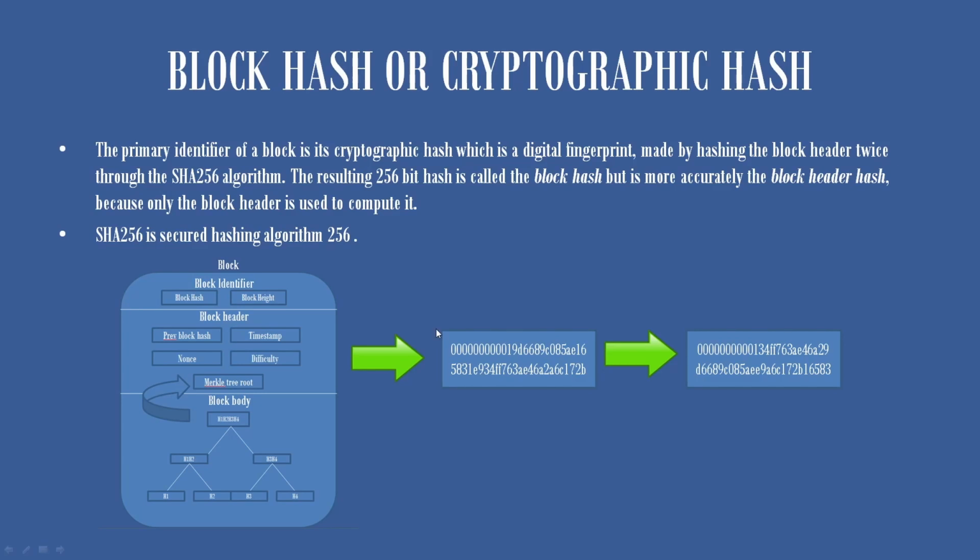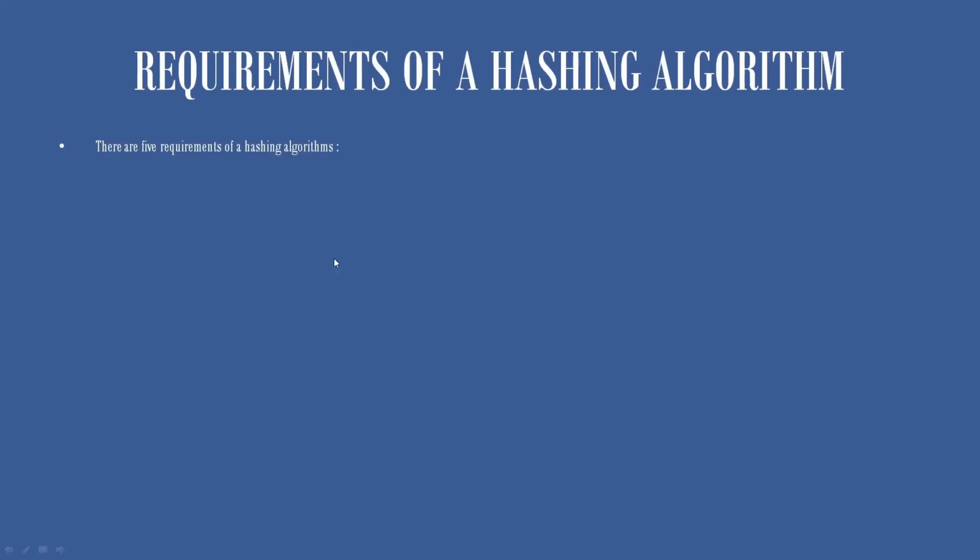Okay, so there are some requirements we want the hashing algorithm to fulfill. The first is one way: the data can only be converted into encrypted data, and the encrypted data can't be converted back into the original data. For example, if we put 1234 into the hashing algorithm, it should produce ABCD, and ABCD should not be convertible into 1234 again.